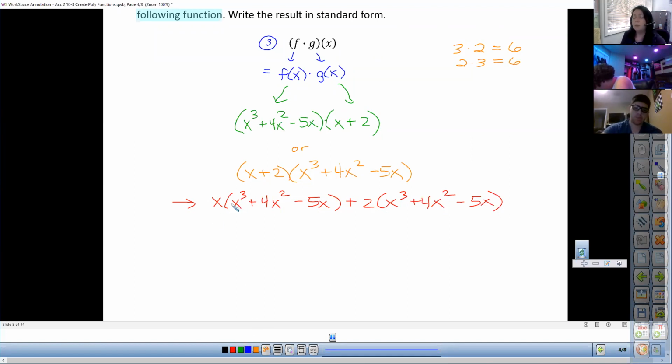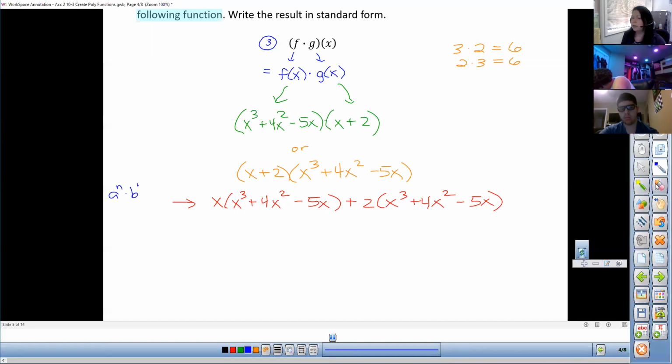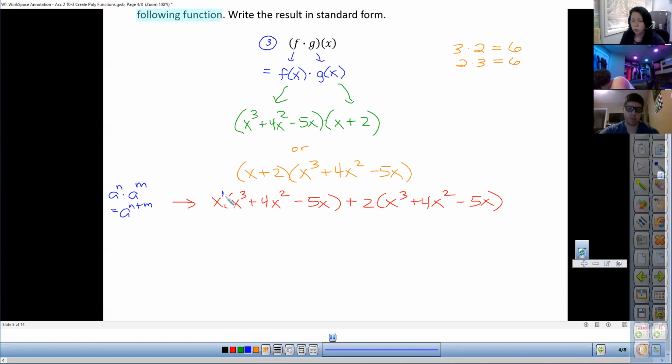So now, remember when I multiply powers of x, the exponent property that I'm using, which is called the product of powers, says that I would combine by adding the exponents, because they have to have the same base. So I add those exponents. And the exponent on x, remember, is 1.